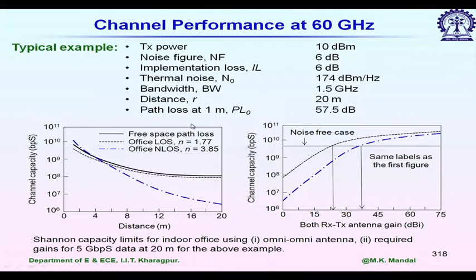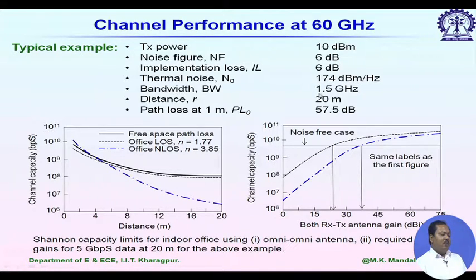Let us take one numerical example. Let us say transmit power is given as 10 dBm. 10 dBm in milliwatt is 10 milliwatt. The overall noise figure is already calculated and given as 6 dB. Implementation loss IL is given as 6 dB. Thermal noise, we can calculate kT, comes to minus 174 dBm per hertz.